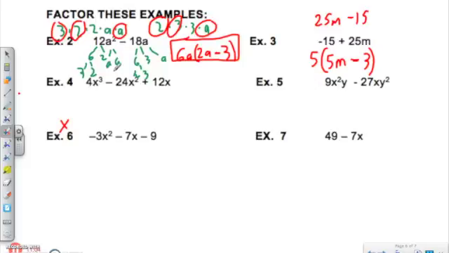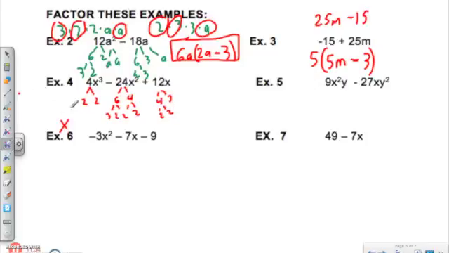Now we have to figure out what our coefficient on that factor is going to be. So if I break down 4, 4 is going to break down into 2 times 2, which is pretty simple. 24 is going to break down, we could do 6 times 4, and the 4 is going to break into 2 times 2, and 3 times 2. And 12 can break down into 4 times 3, and 4 is going to break down into 2 times 2.